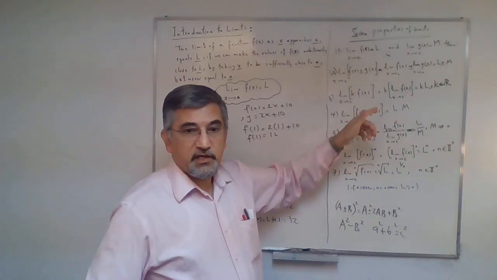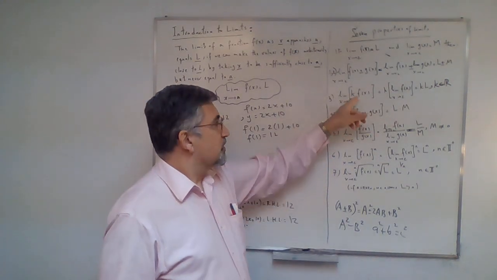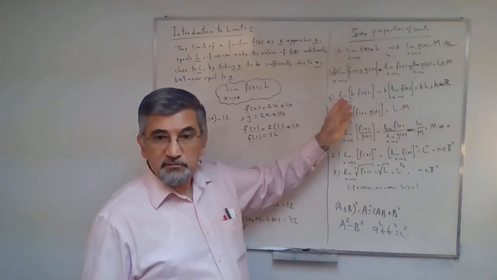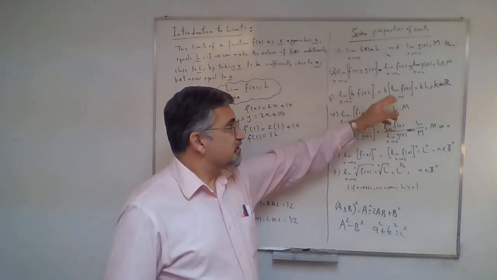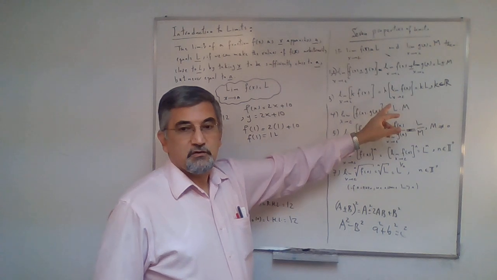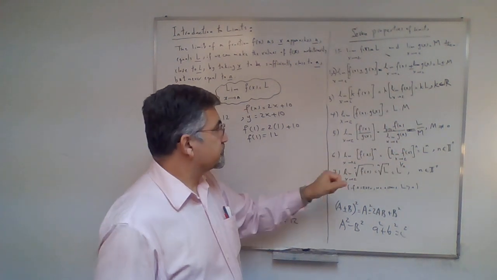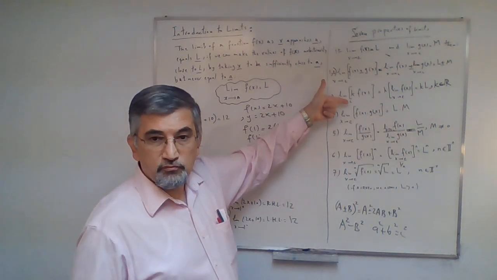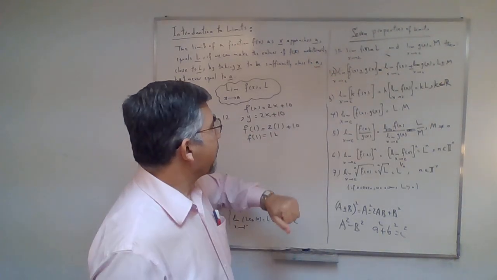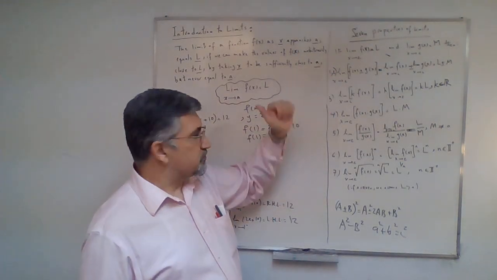So here we're saying if you have a function f of x that is multiplied by a constant like 2 or 3, and you're taking the limit of that, you can take the limit of the function separately and at the end multiply by that so-called 2 or 3 or that k value, whatever it is. It's called the constant multiple rule. The first one is called the sum and difference rule. Okay? So sum and difference rule, constant multiple rule.